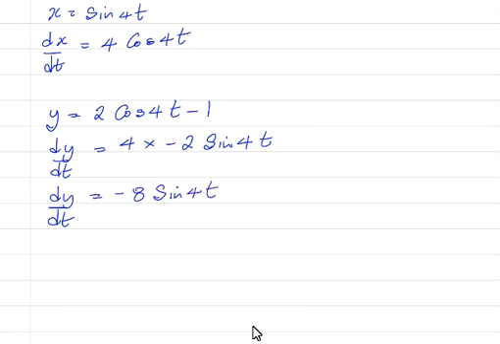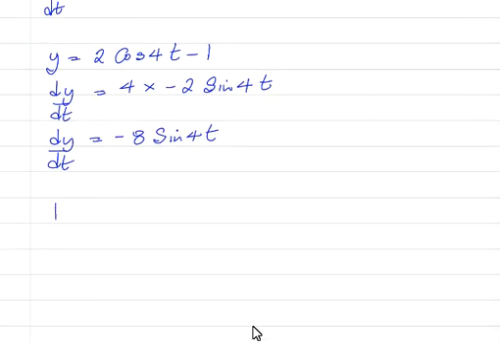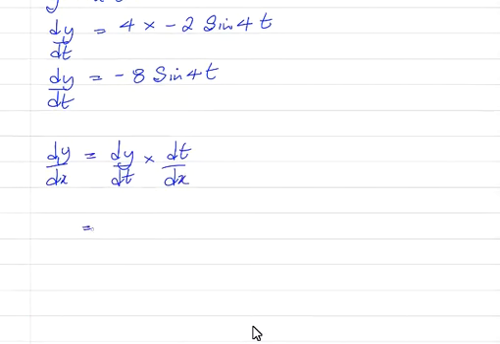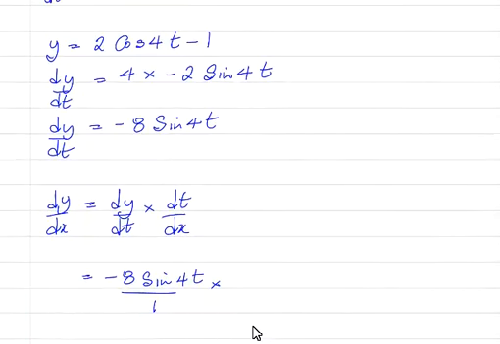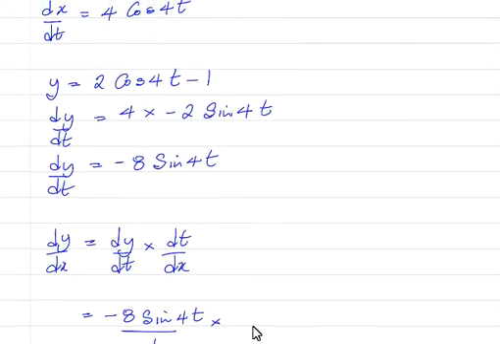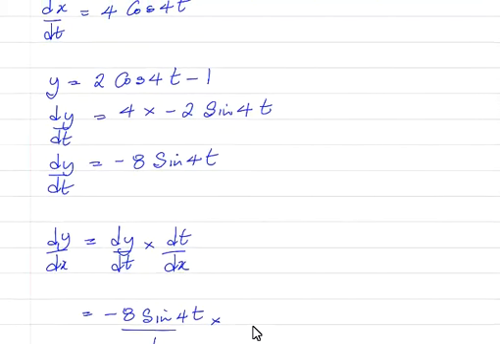Now dy by dx would be equal to dy by dt multiplied by dt by dx. So this would be equal to minus 8 sine 4t over 1 multiplied by the reciprocal of dx by dt, which is 1 over 4 cos 4t.